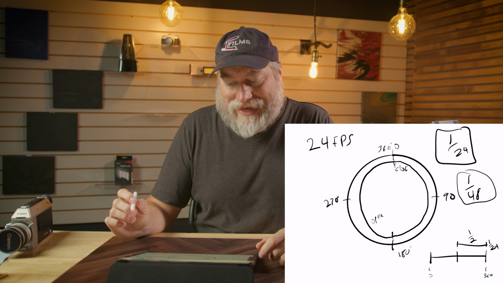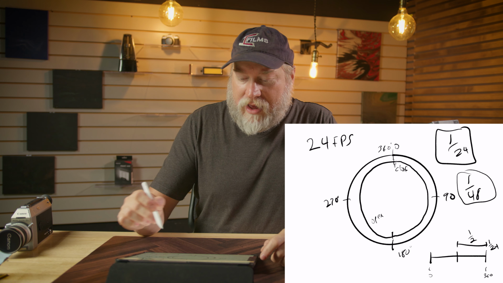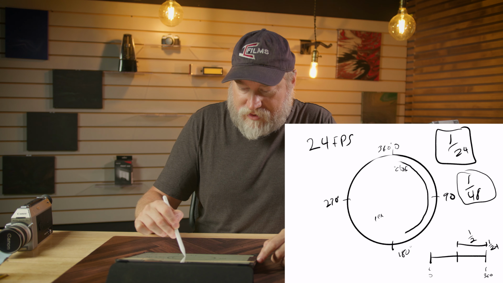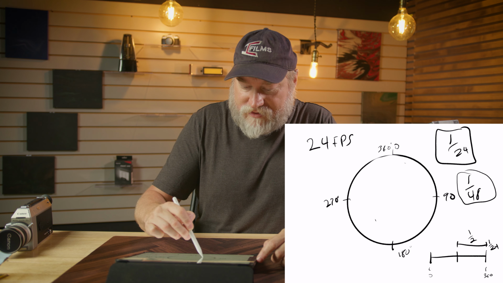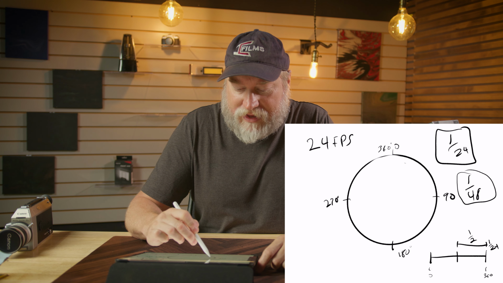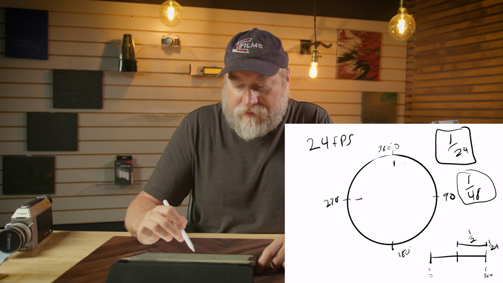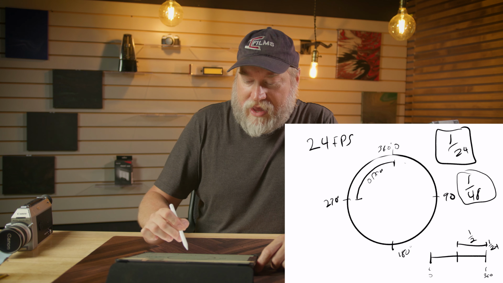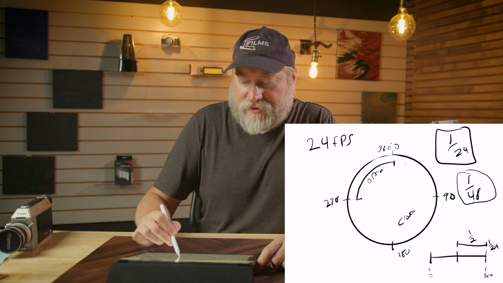So what does it then mean for a 90 degree? Well, let's just erase it right here. And now 90 degrees, which means we're only going to be open from this point to this point. So we follow it around, and the rest of it, we're closed.